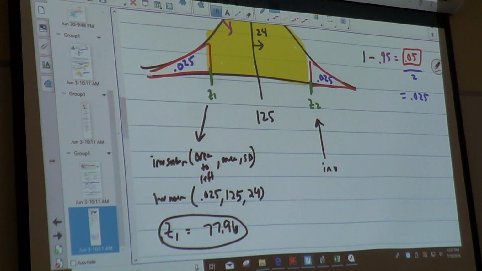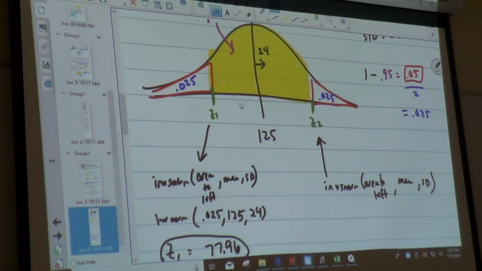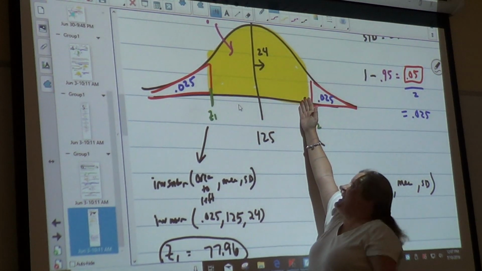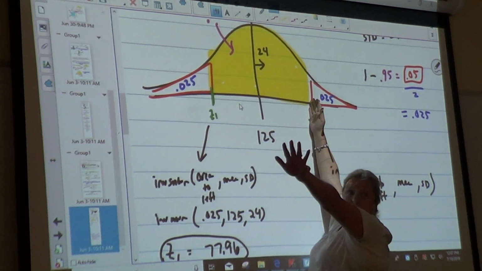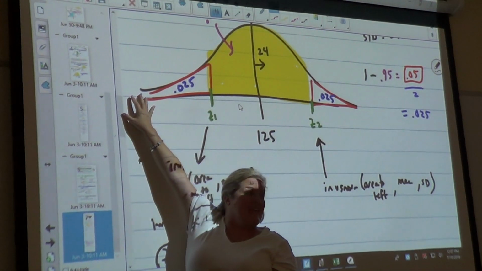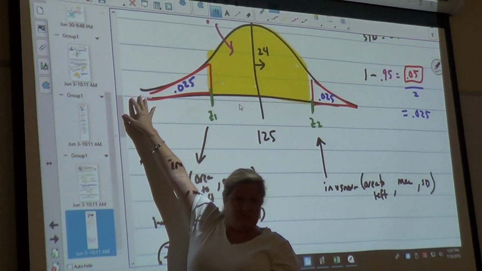Now I've got to do my cutoff point for the upper end. To remind you, inverse norm is the area to the left, the mean, and the standard deviation. So if I'm standing at Z2, my area to the left is going to be the 95% and the 2.5%.